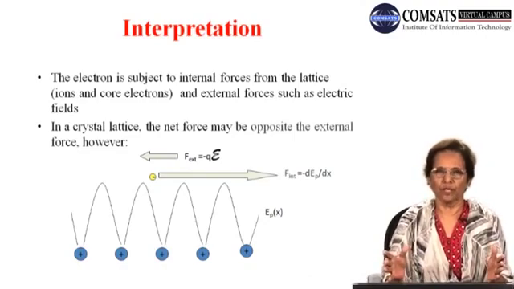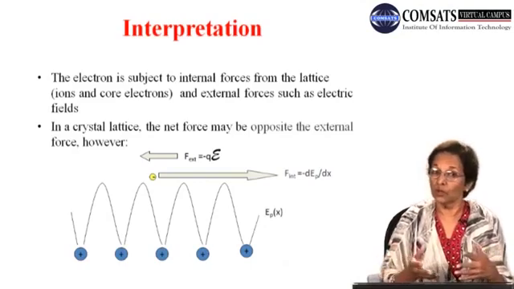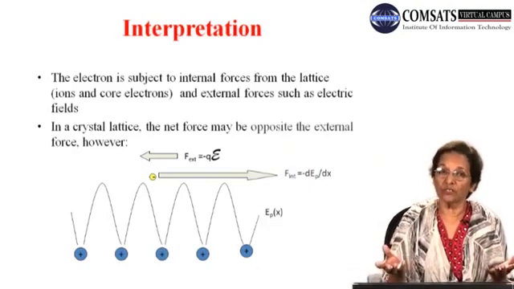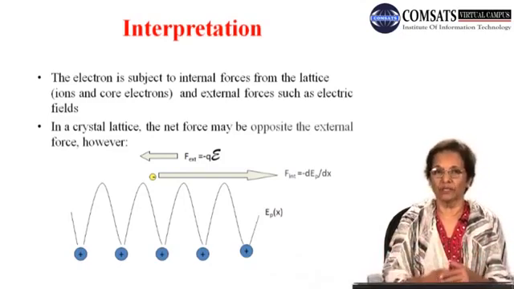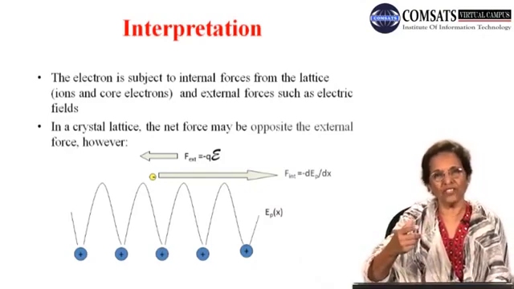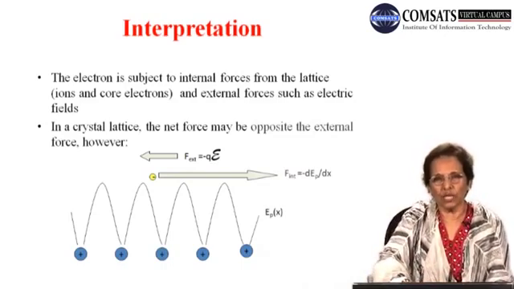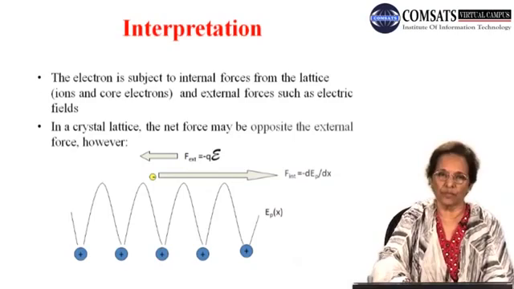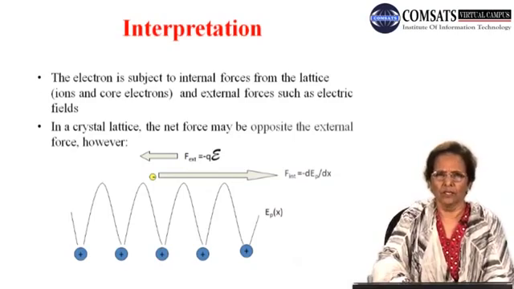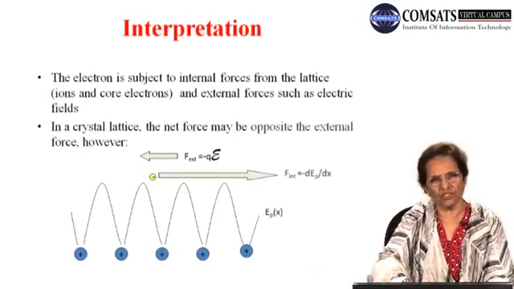At room temperature, to a good approximation, all of the added donor ions are ionized. So the positive donor ions are present because you doped the material yourself with a donor impurity in order to increase the free carrier electron concentration. These electrons, while moving, would undergo collision, would undergo scattering due to these ions present inside the crystal. So the electron is no longer accelerating because of the presence of these scattering centers.